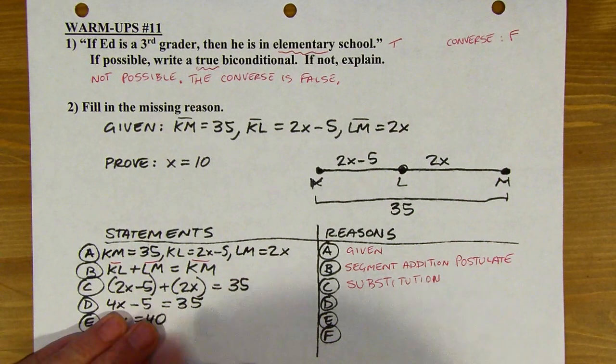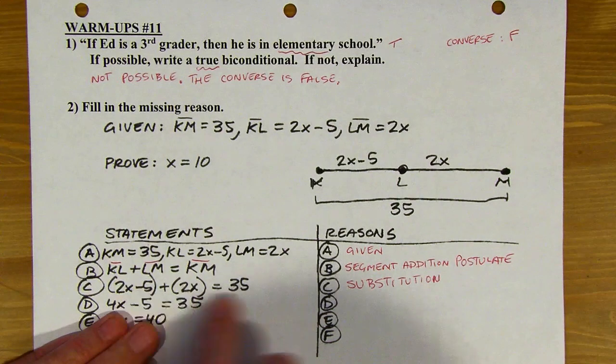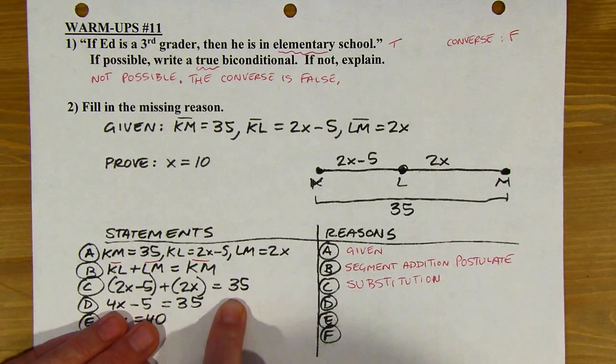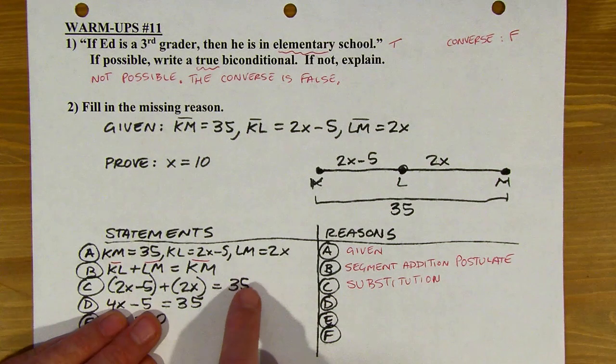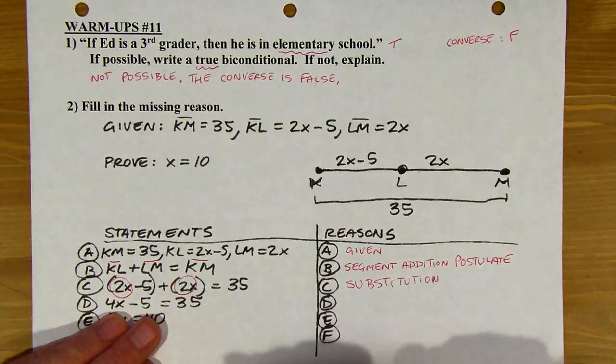Now, a lot of times I'll see people say, oh, I added those together. This is the addition property of equality. But no, it's not, because you're not adding anything to the right side of the equation. Remember, addition property of equality, or subtraction or multiplication or division, you'd be doing the same thing to both sides of the equation. Here we're only working on the left side of the equation and combining these.